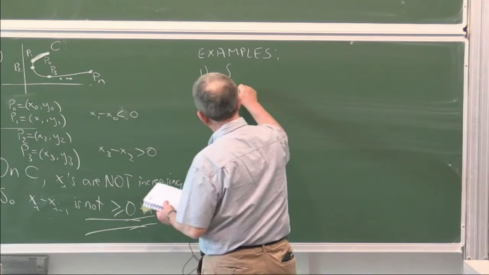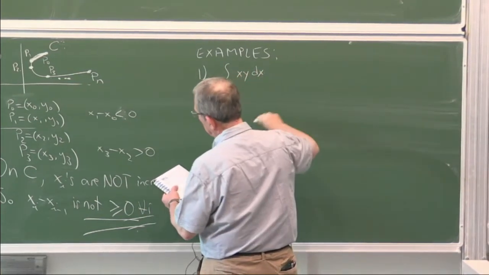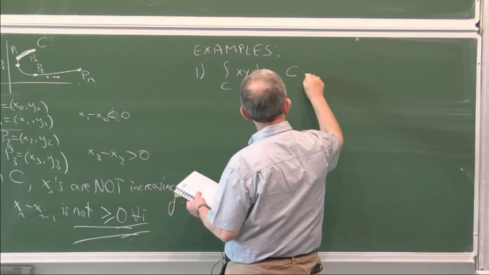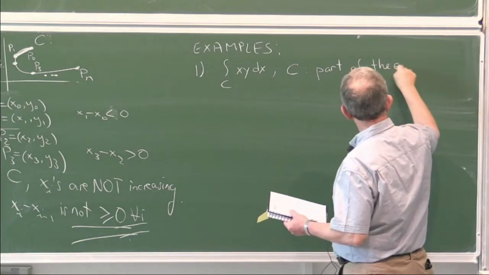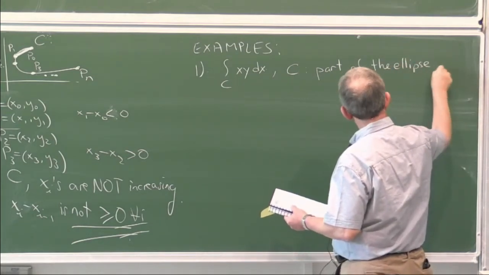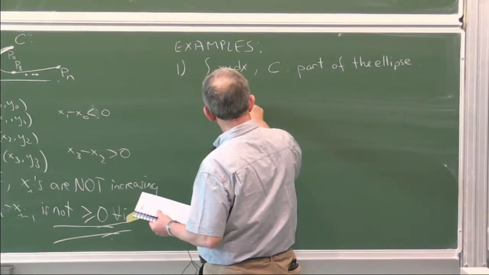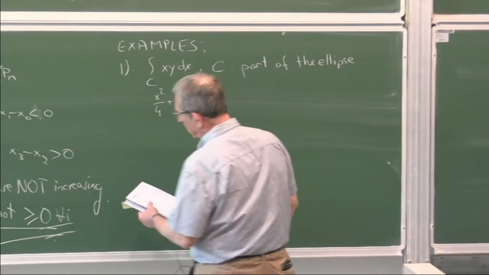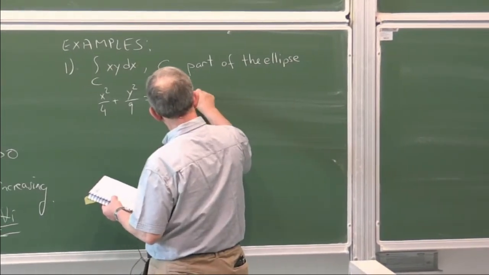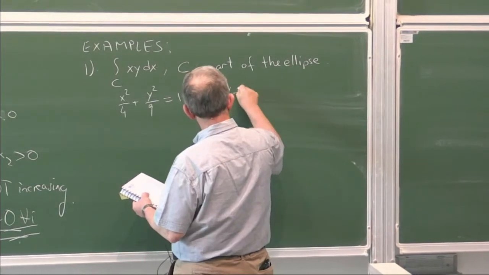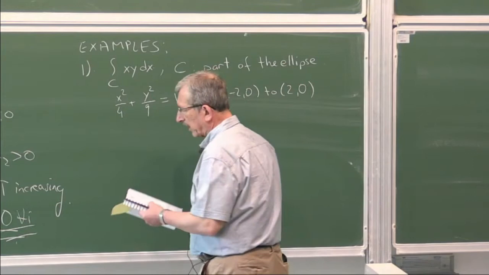So let us calculate the integral over c of xy dx, where c is the part of the ellipse x squared over 4 plus y squared over 9 equals 1, from (-2, 0) to (2, 0).